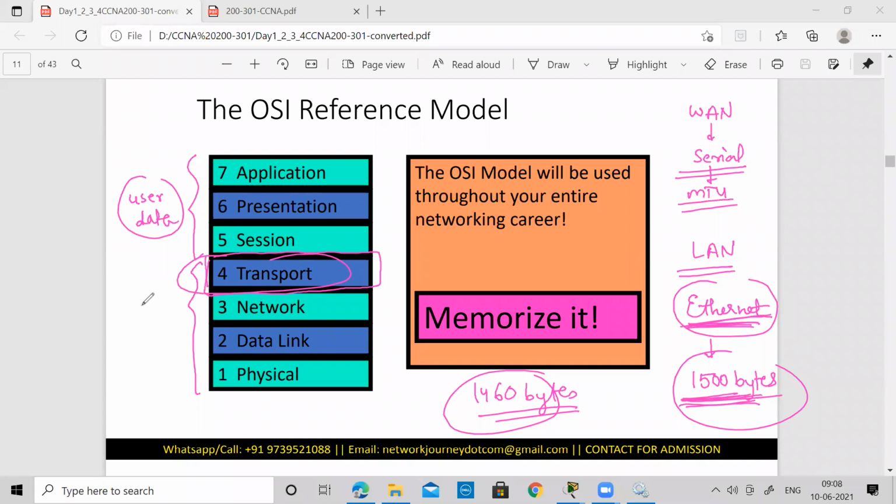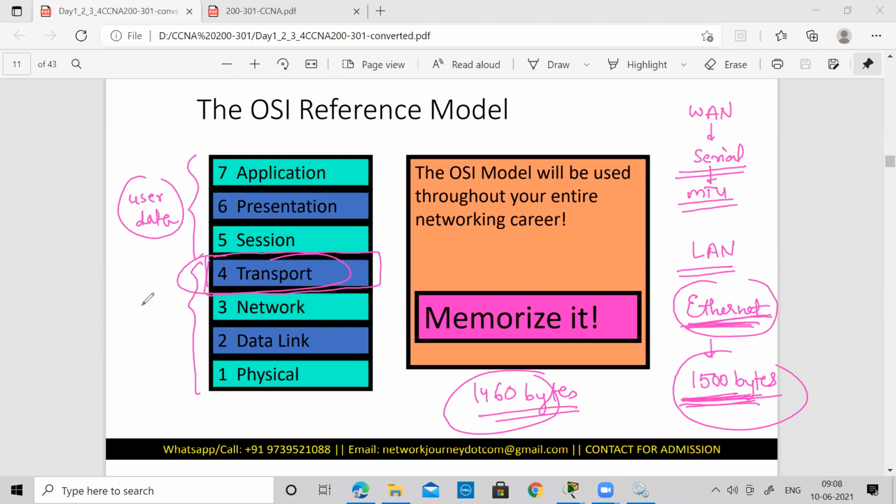It will also look out for giving some acknowledgement: when I send you the message, you give me an acknowledgement that you received the message, and only then I'll send the next one. Accordingly, acknowledgement is also incorporated in transport layer. And one very important thing is that there is a possibility of retransmission also, which happens in transport layer.